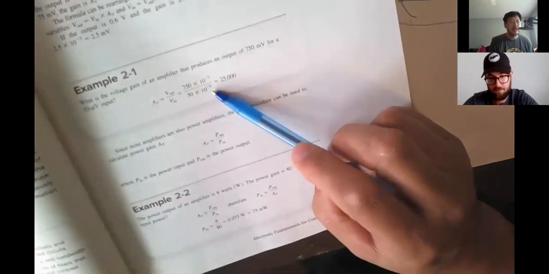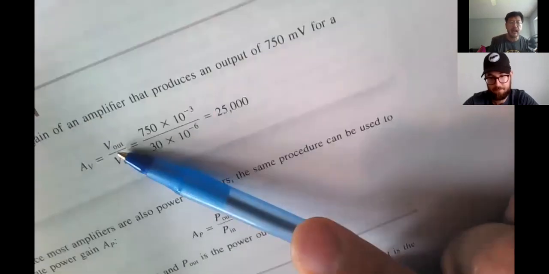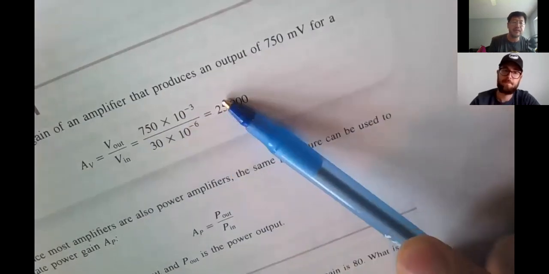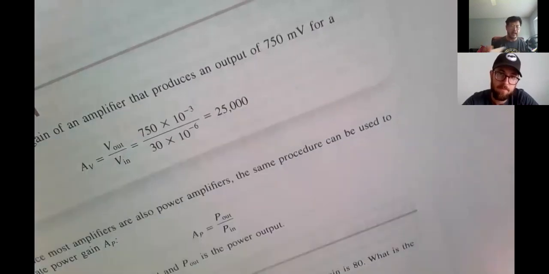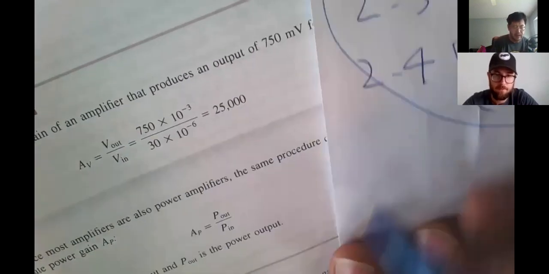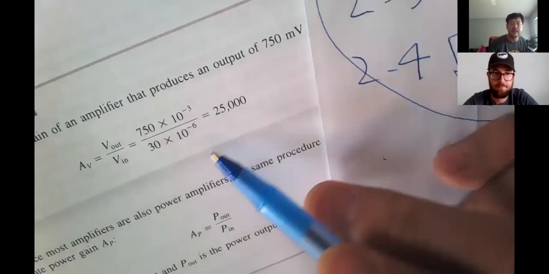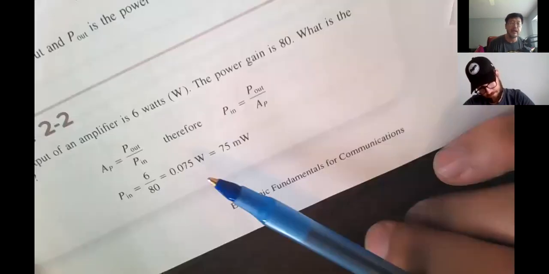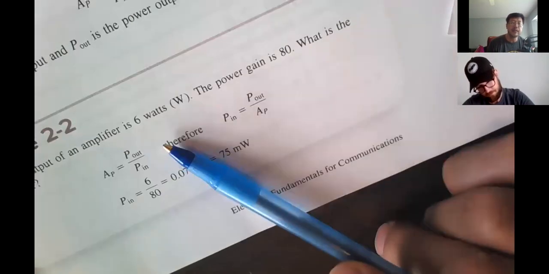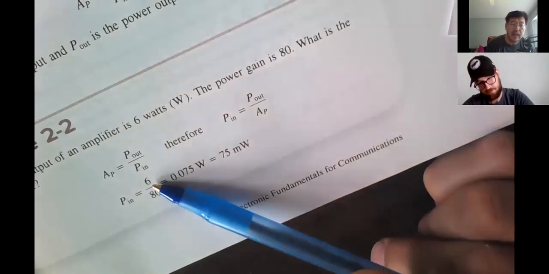Generally, that is how we calculate the gain. If the output is much bigger than the input, in this case 25,000 times bigger, that is called a gain. Gain is generally the output divided by the input. Another example: the output is 6 watts.